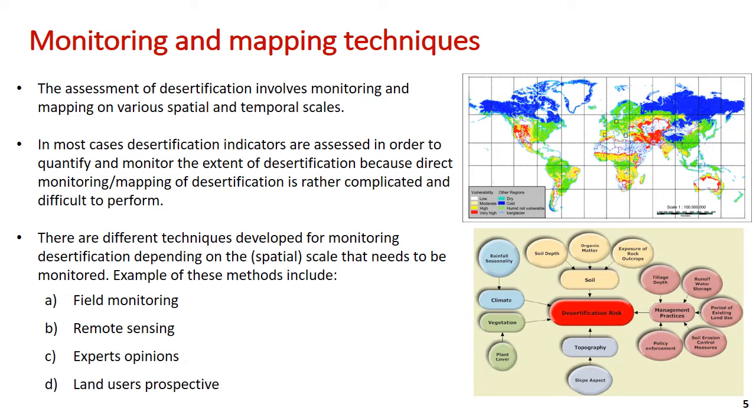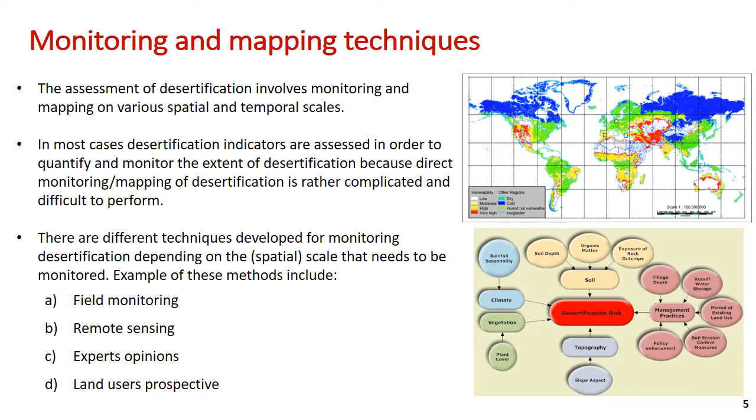When we talk about human impact, we have to consider the 3 sustainability pillars: the socio-economic, the political, the institutional, and the environmental factors. If you did not consider all of these aspects, you would have an incomplete and imprecise estimate of desertification, like what we said in the previous slides.